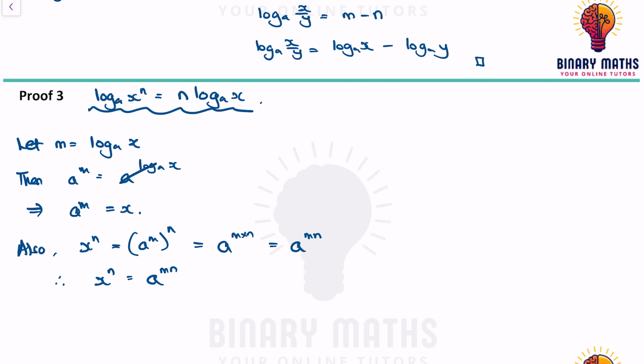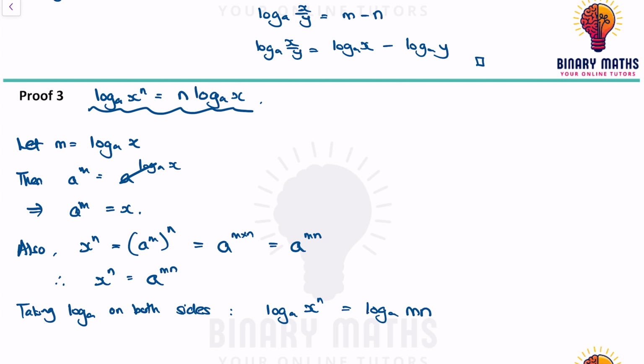Taking log base a on both sides, I get log base a of x to the power of n is equal to log base a of a to the power of m times n.